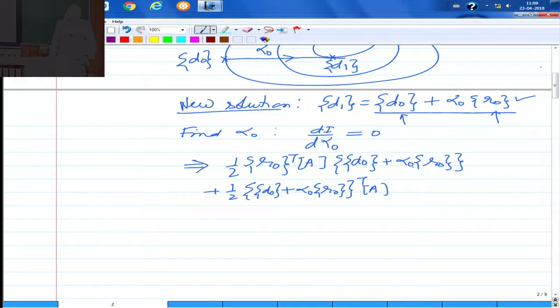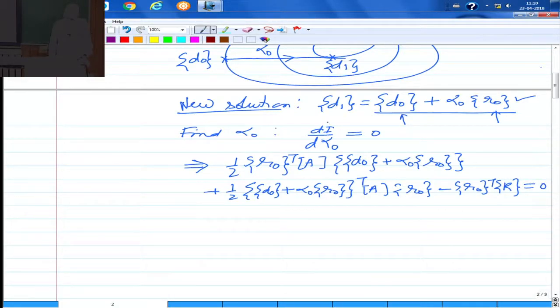Because the derivative is with respect to alpha naught, which is a scalar, the constant part drops out and this only gives you simply R naught, and then you have the d transpose into R term. The derivative of d transpose would be simply R naught transpose into R, and this must be equal to 0. So this is dI by d alpha naught.